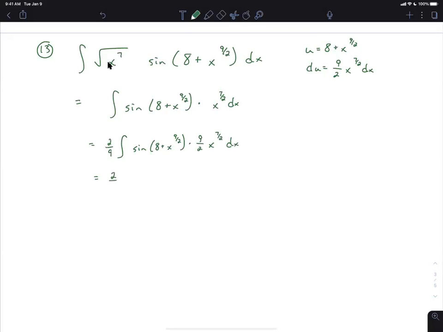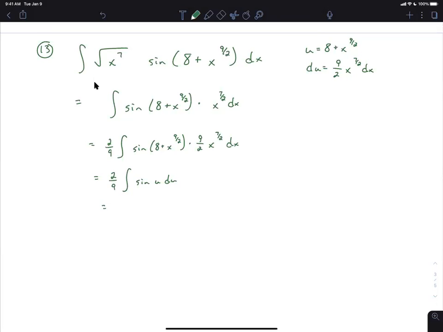And so that gets us 2/9 integral sine u du. And then from there, I'll finish it for sure, but the hard part is to get to here. Does everybody follow it to there? That's good. Any questions so far?